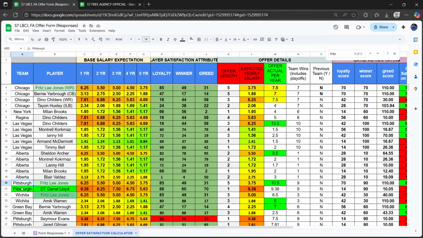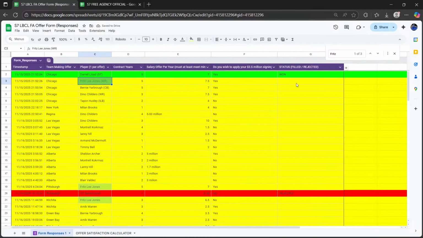Long story short, Fritz Lee Jones did not accept Chicago's offer. They did not accept Wichita's mediocre offer. They did. We'll do accepted and rejected.